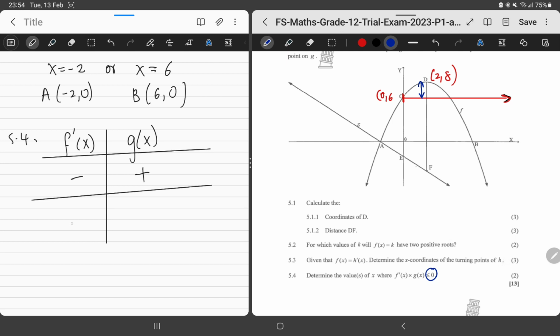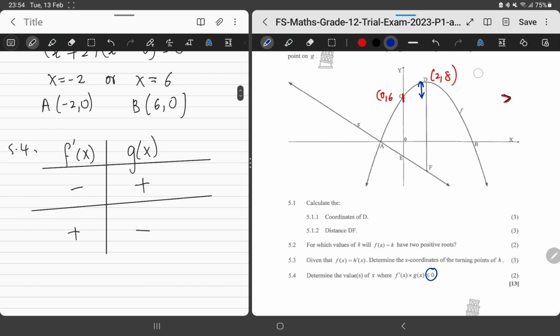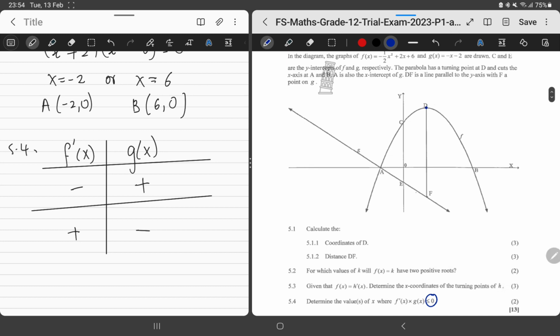In the other scenario, this will be positive and that will be negative. So now I'm going to look at where the gradient of f is negative. From that point going to the right, the gradient is negative. And then is g of x positive there? No, it is not, because g of x lies below the x-axis. So in this one, we don't have a solution.